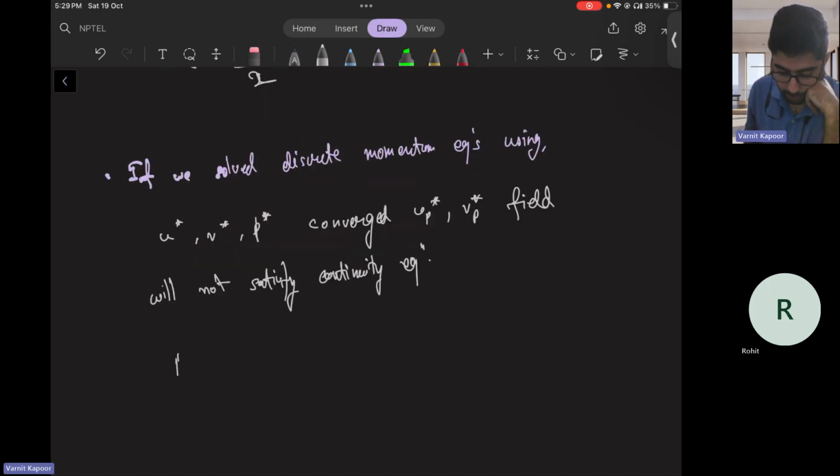That means the flow rates for all the phases, Fe star minus Fw star plus Fn star minus Fs star, is not equal to 0.